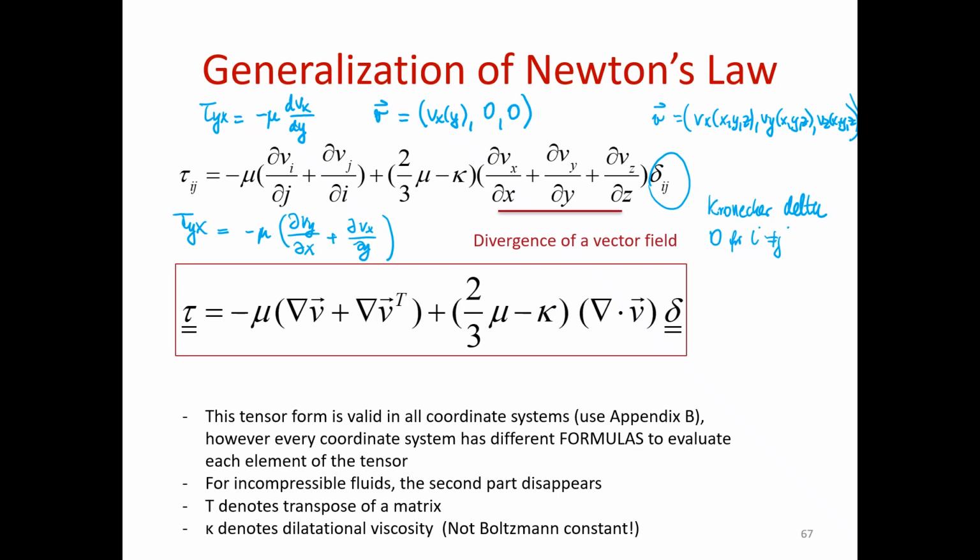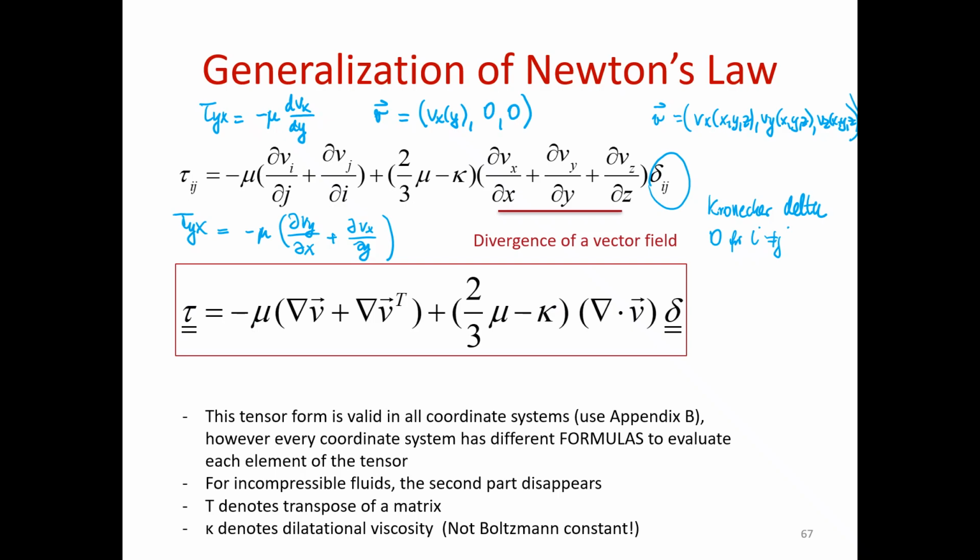And in tensor form, this is a shorthand notation. It's basically like adding the yx component of the gradient of v, which is my Jacobian matrix, plus the transpose of it, the symmetric transpose.